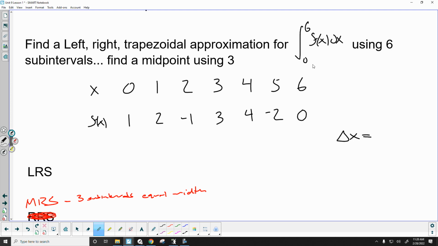There's an interval from 0 to 6, I want only 3, so I divided it. Now what you did intuitively is this calculation: B minus A is the overall distance, divided by n, the number of objects. You did 6 minus 0 over 3 to get 2. The delta x is 2.